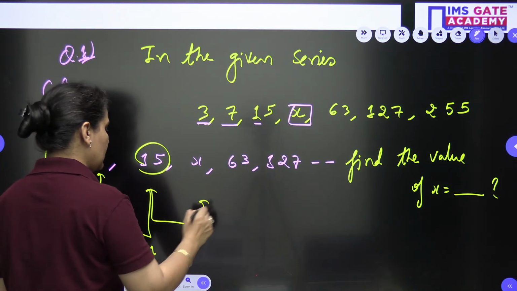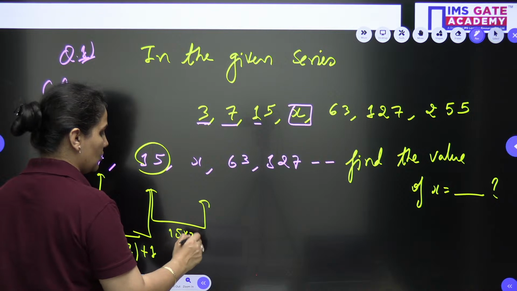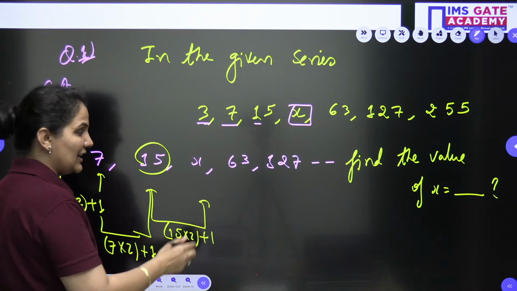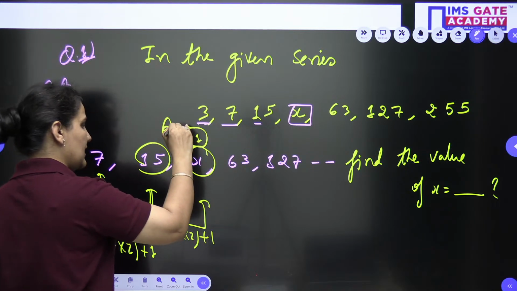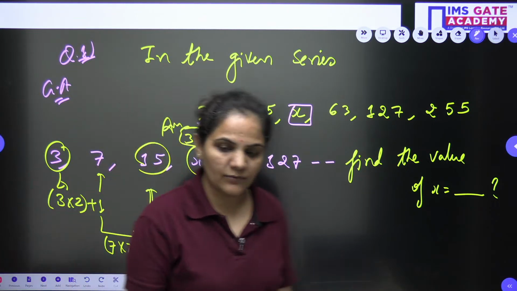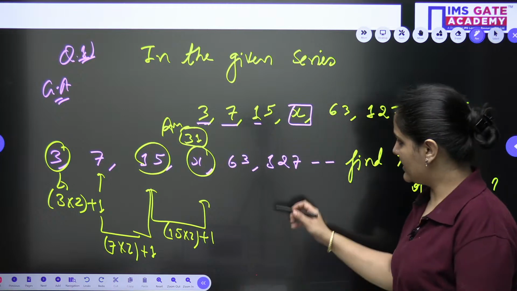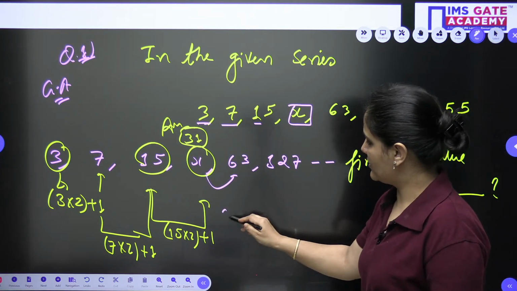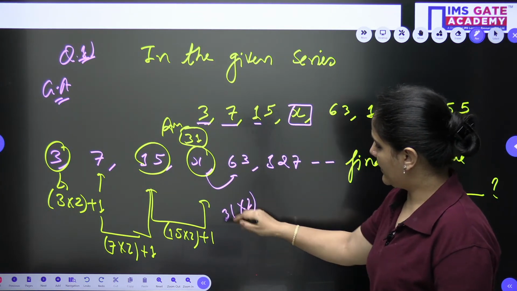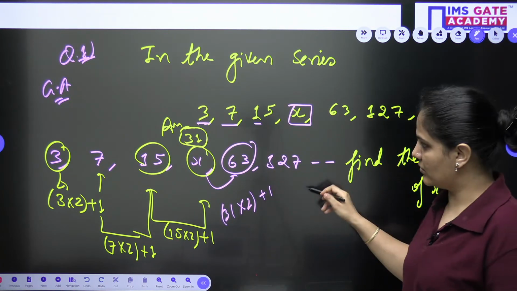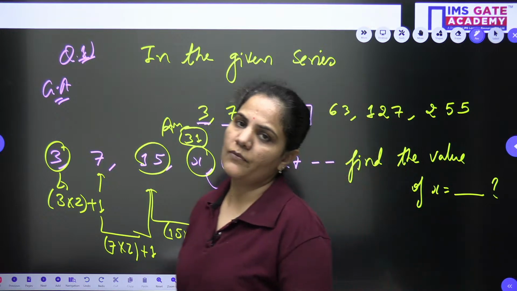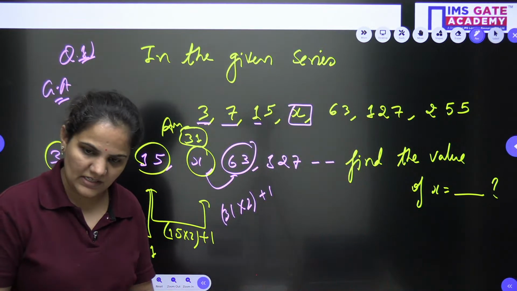Similarly, 15 into 2 plus 1 means 30 plus 1 will be 31. So this number should be 31 here. Let's check whether it satisfies the next condition. 31 into 2 plus 1 gives you 63. So yes, the condition is satisfied. You can go for the final answer as 31.